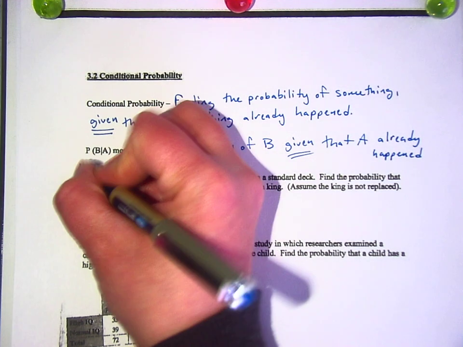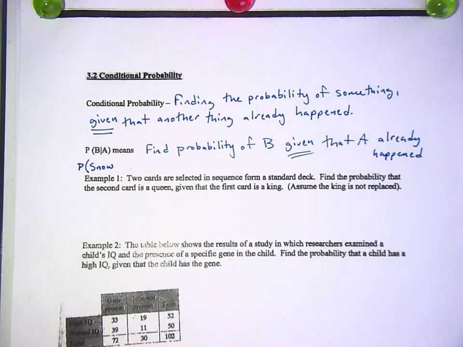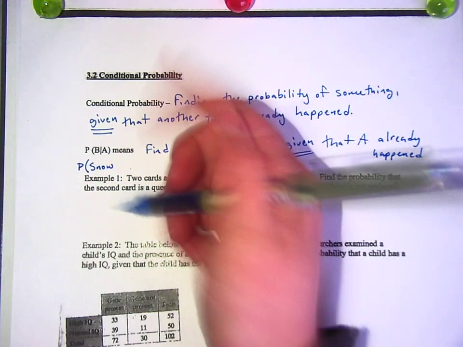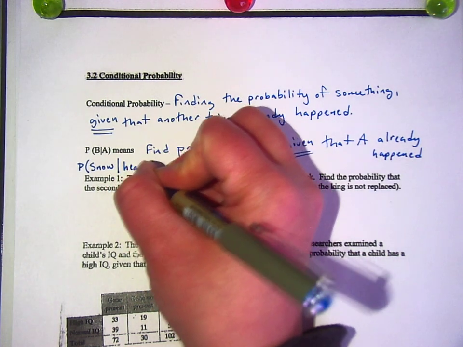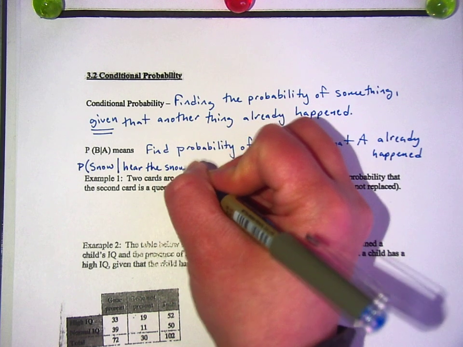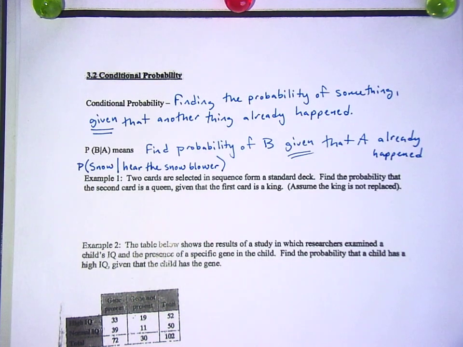So for example, this would be, what's the probability that there's snow outside? Remember how P just means probability? What's the probability that there's snow outside given that we can hear the snow blower? So the second thing is the given thing, and the first thing is what you're trying to figure out. Do you guys understand the notation? Okay.